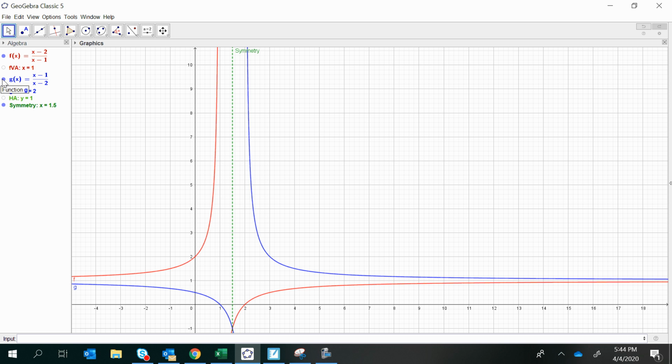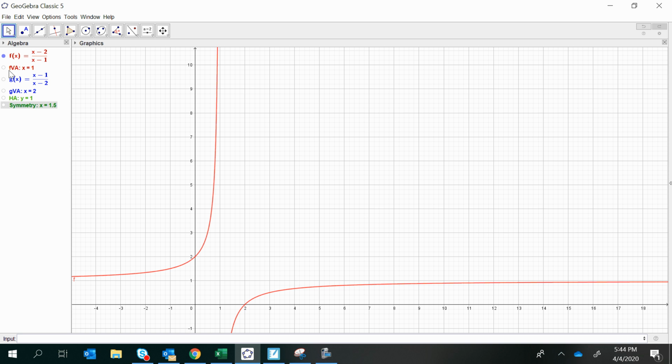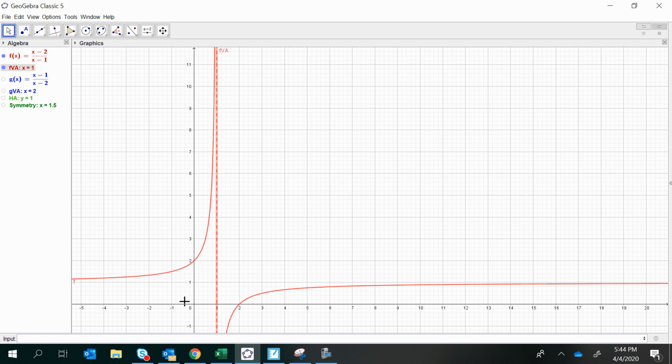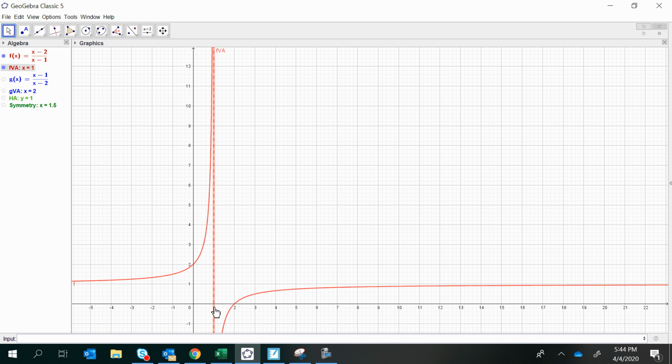Let me first show you just the red function, now with its vertical asymptote graphed as a dashed line showing where the function is not defined. Because if I plug 1 into the denominator of this function, I get undefined. So that's why I have a vertical asymptote there.